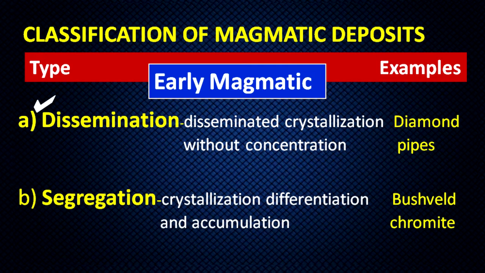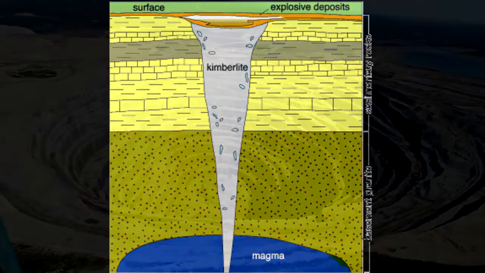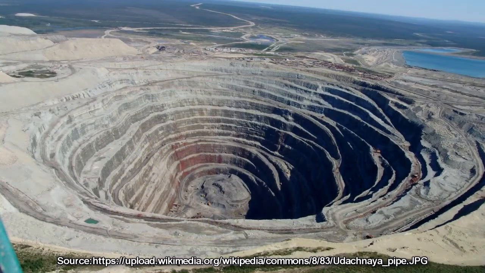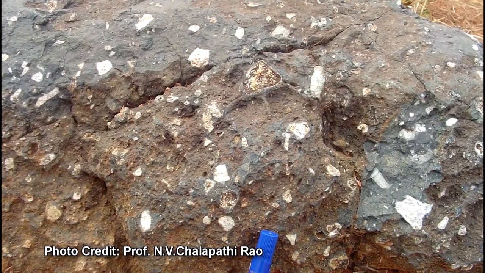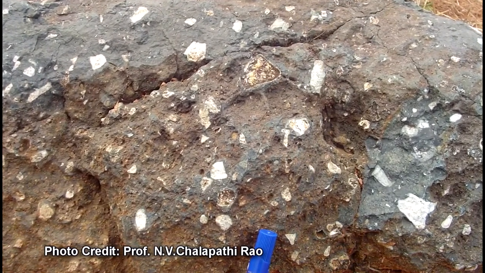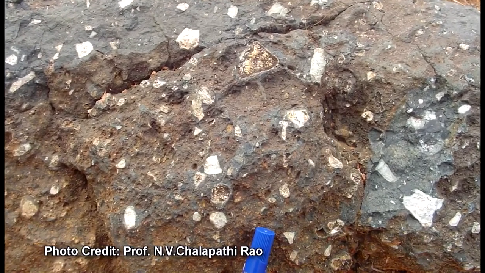So we call it dissemination, or disseminated crystallization without concentration. The best example is diamond. Diamond pipes: the rock is kimberlite. In this kimberlitic rock, the diamond crystals or grains are disseminated or distributed throughout the kimberlite.